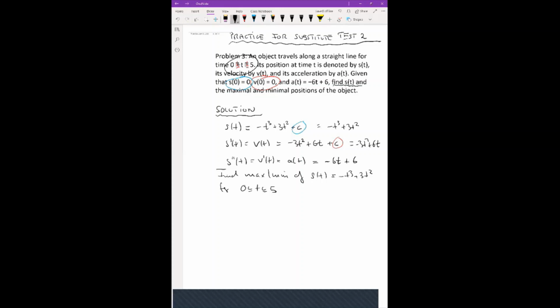So you have to find the maximum and the minimum of this. So the easiest way maybe is to take a calculator and look at the graph on the calculator. Or the maximum or minimum is where the derivative is equal to 0.